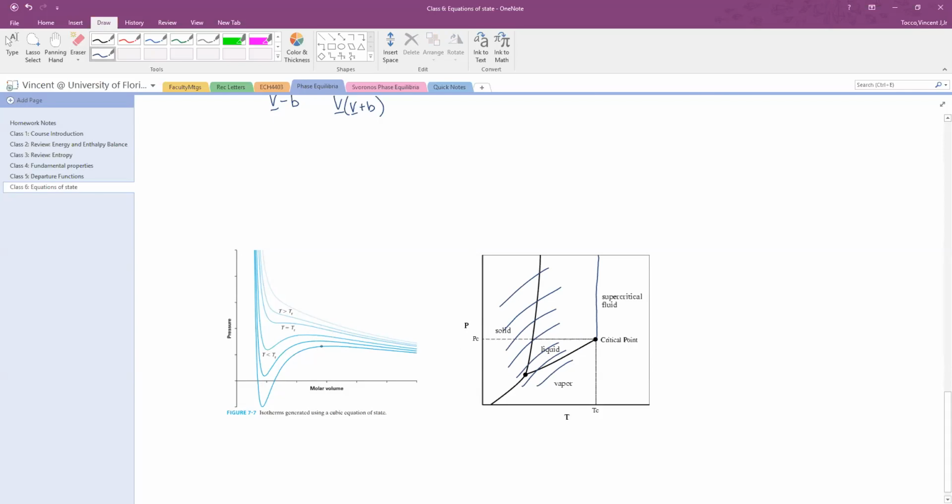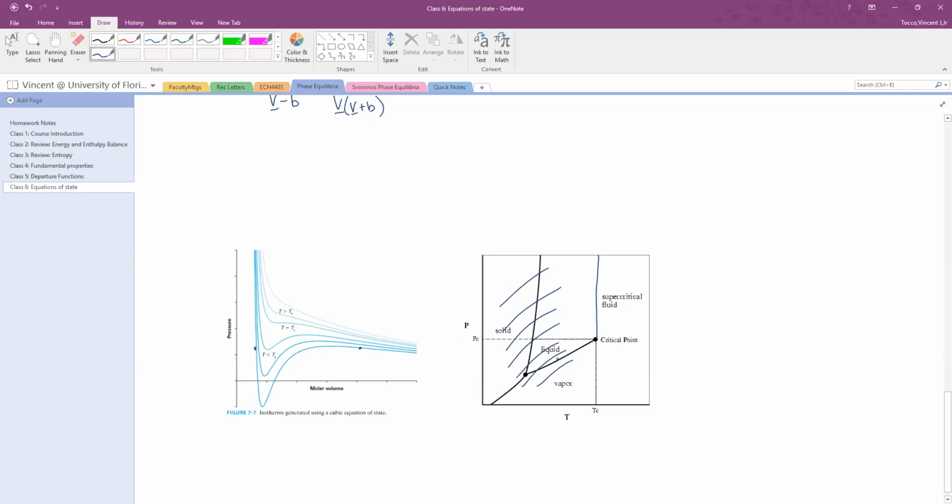So that's why there are differences between them. For this bottom curve, for example, we might say that this is the vapor pressure corresponding to that temperature. These curves are all isotherms, meaning for constant temperature. So in this curve, temperature is being held constant, volume and pressure are changing.